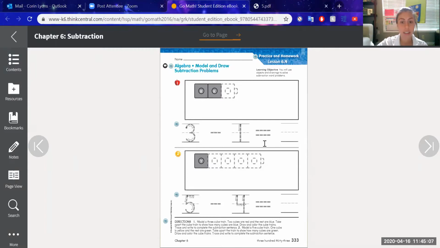Number 2, let's count how many cubes we have. 1, 2, 3, 4, 5. So the first number is 5. 5 minus 4. How many do we need to cross out? We need to cross out 4.